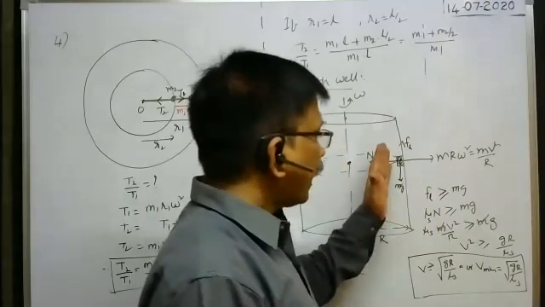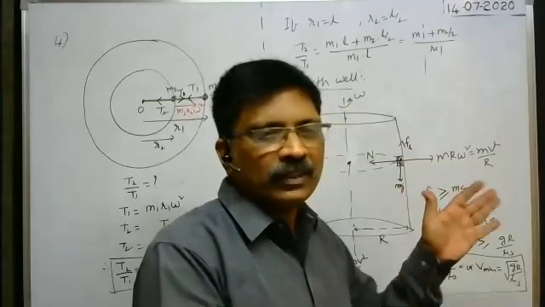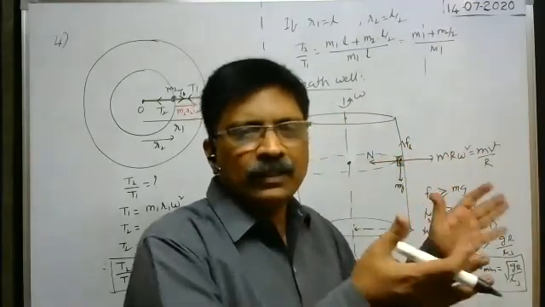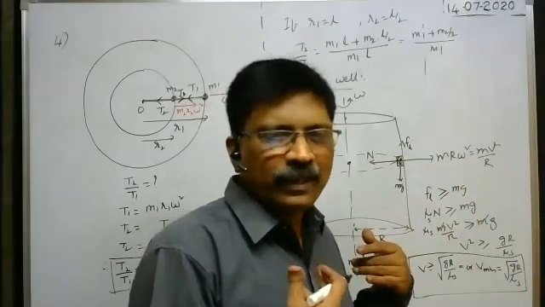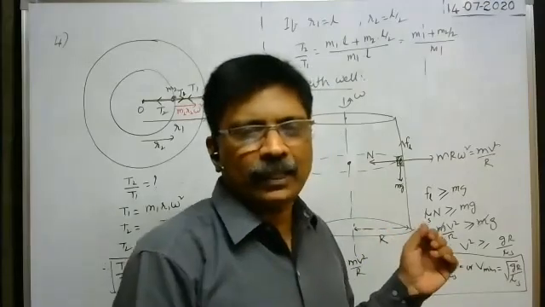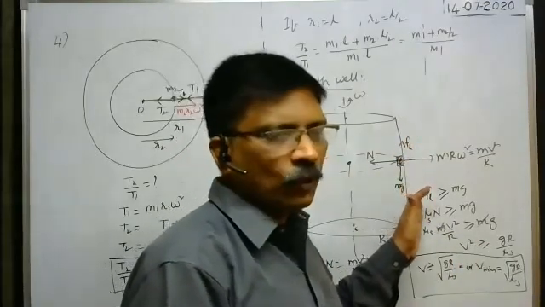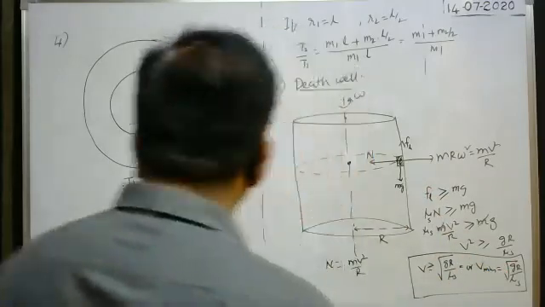Here, the tires of the vehicle are in contact with the death well. So the friction force between the tires and the surface of the inner walls of the death well is the main thing here. Who is riding? You may ride, I may ride. That is not the criterion here. In between the tires and the surface of the death well, the coefficient of static friction is fixed for the given tires.